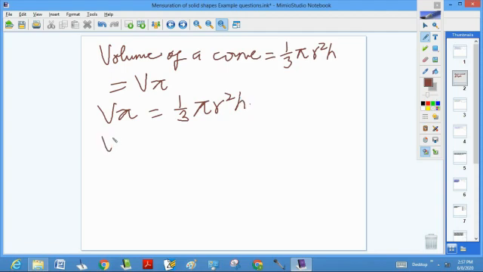Substituting the values, we have v pi is equal to 1/3 pi times 12x, where 12x is the value of radius, but we have found x to be 3, so 36 squared, times the value of h, which is 16x, so 16 times 3.